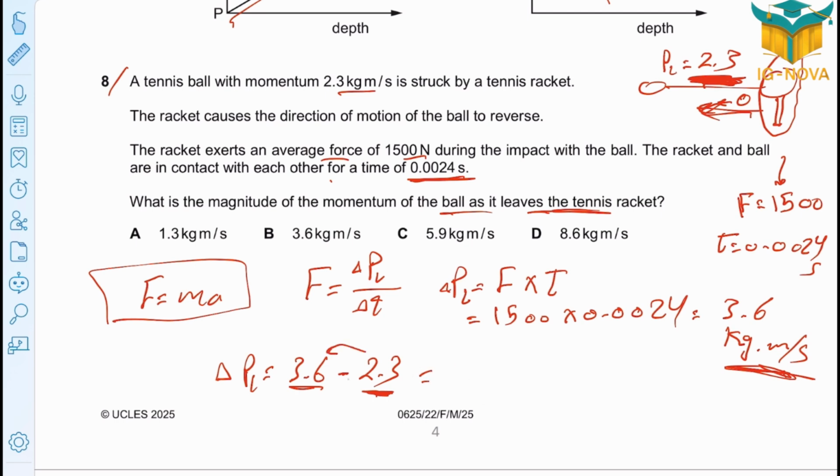For that, 3.6 minus 2.3 is 1.3 kilogram meter per second, which is option A. Easy. Just be careful of the idea of reversing the force. Reversing the force also reverses the momentum here. Let's continue.